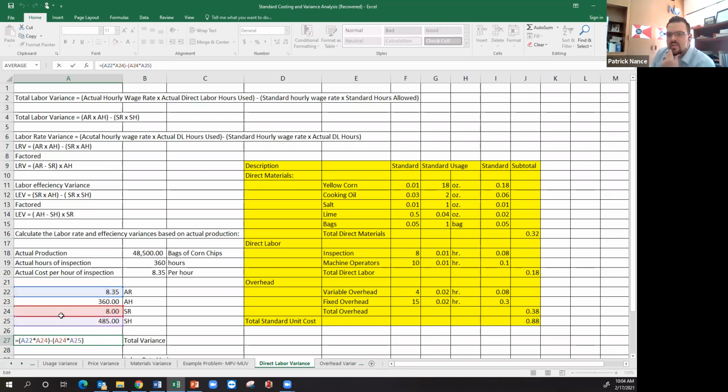Oops, I made a mistake here. This should be 823. Actual rate times actual hours, minus standard rate times standard hours, and subtract the two. So $874 is what I got for a variance.